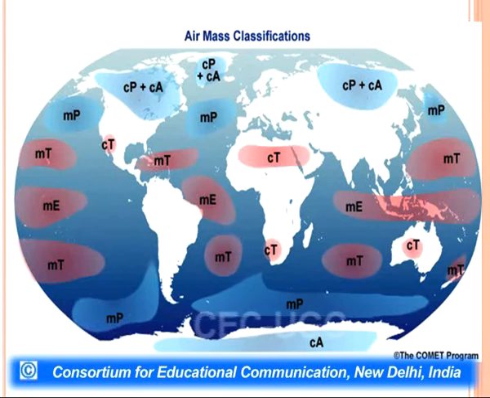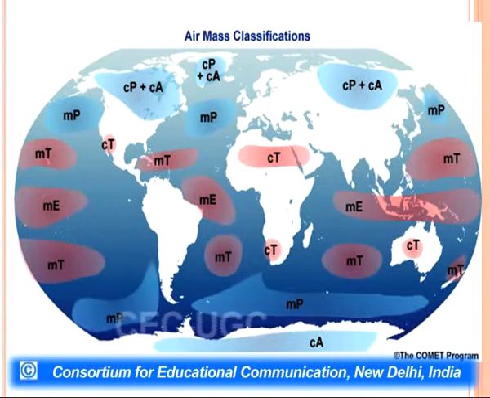The second air mass develops in the Pacific Ocean, that is MP, Maritime Pacific, and MT, Maritime Tropical. So 3 air masses in total affect the weather and climate of Asia.